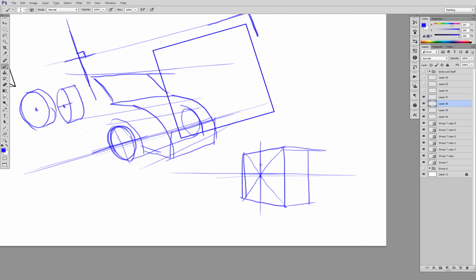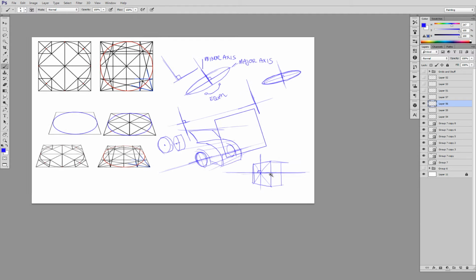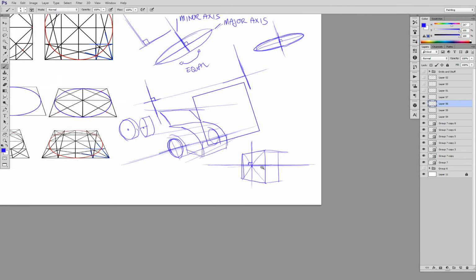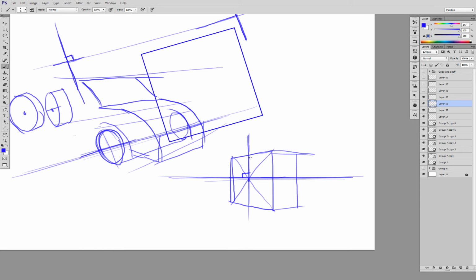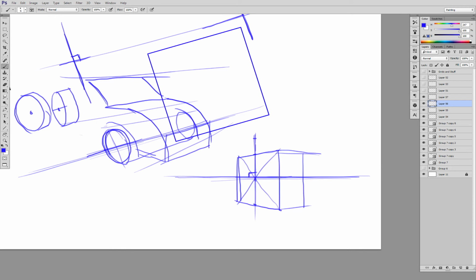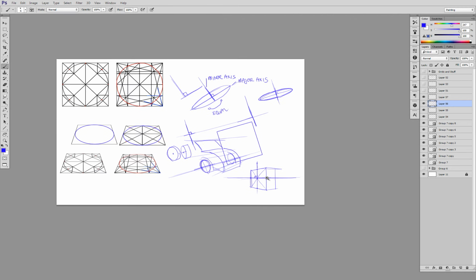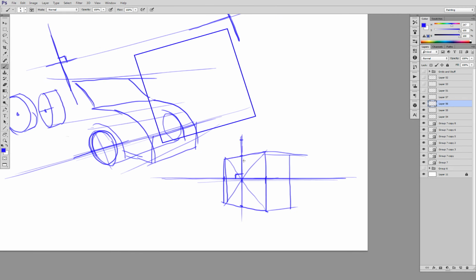So in this case, this is fairly, in fact, on the horizon. So the minor axis is going to be here. The major axis is going to be here. And the ellipse is going to hit some of these points at least.